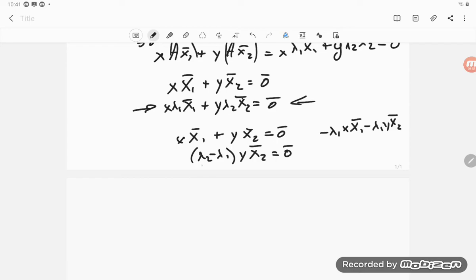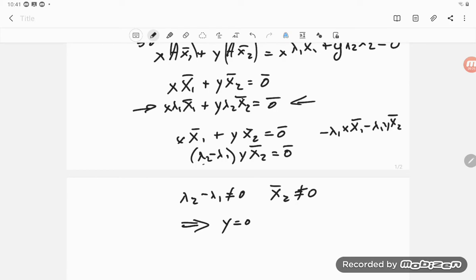Well, remember that lambda 2 and lambda 1 are not equal, so lambda 2 minus lambda 1 is not equal to 0. And we know that x2 is not equal to 0 because it's an eigenvector. And so all that leaves is that y equals 0.